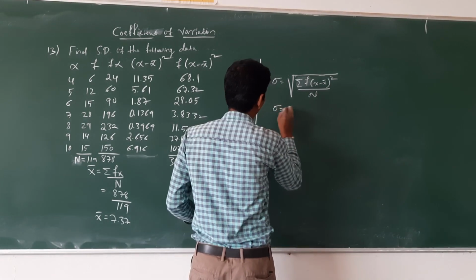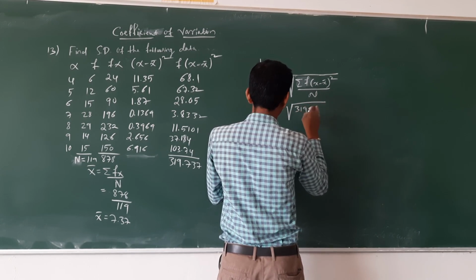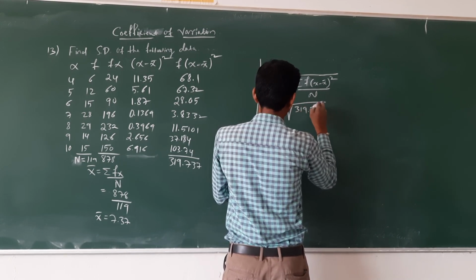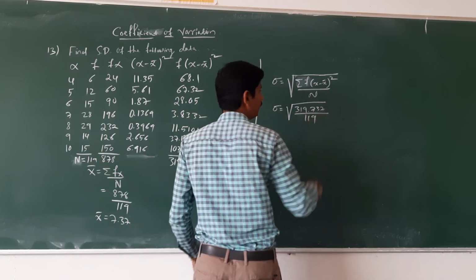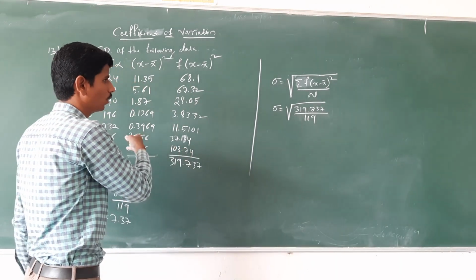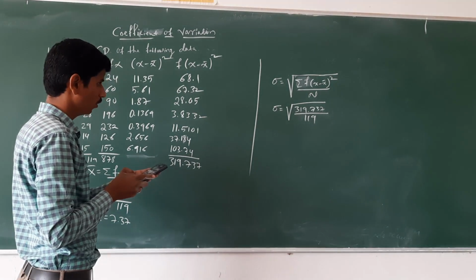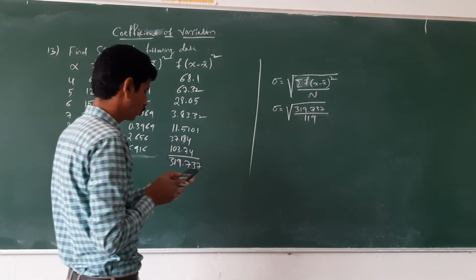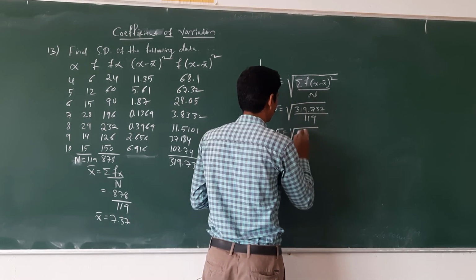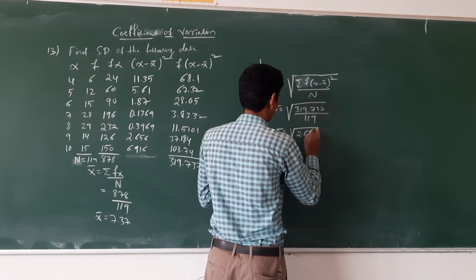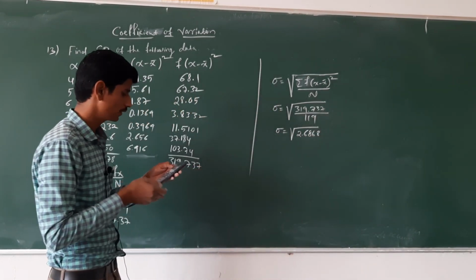Sigma equal to under root of 319.737 divided by capital N. Here capital N, that is sum of frequency, is 119. Then 319.737 divided by 119 is 2.6868, under root of 2.6868 is 1.63.